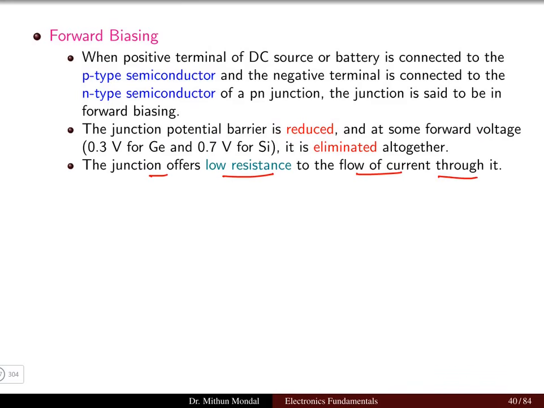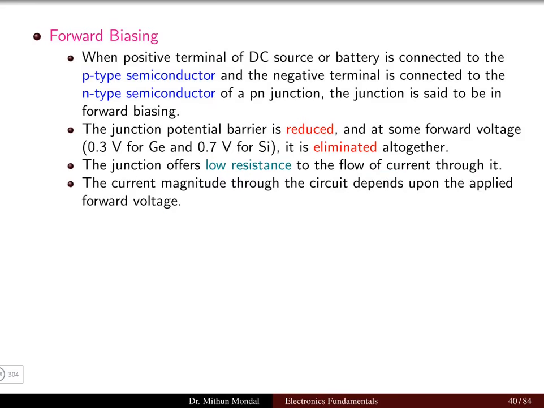It means when the diode is forward biased and crosses the barrier potential, the diode will start conducting and current will flow. The current magnitude through the circuit depends upon the applied forward voltage. How much voltage is applied across the diode will decide the magnitude of the current.